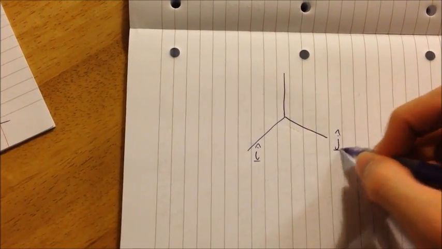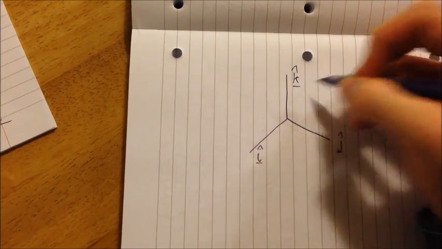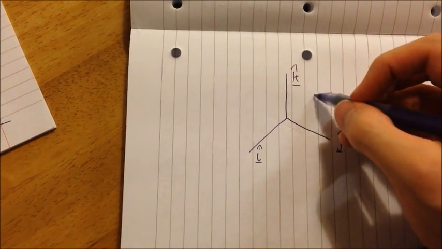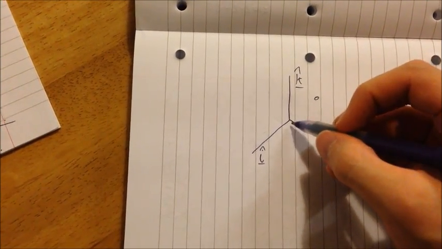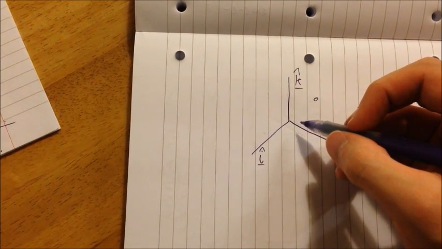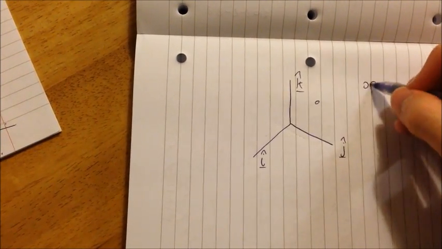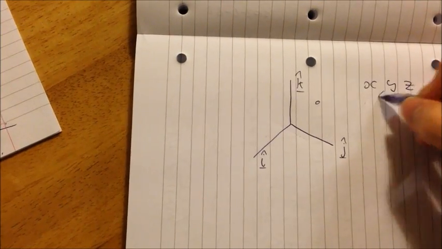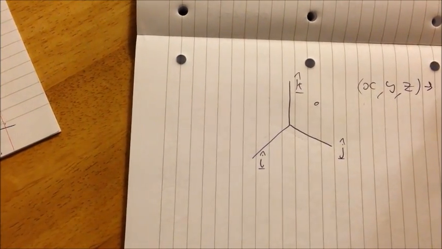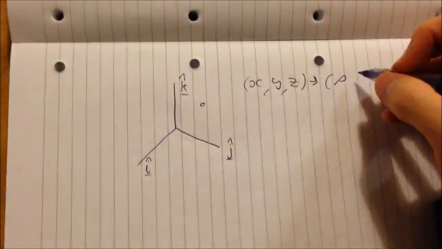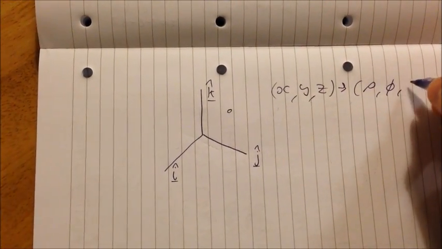I, j, k, and then there's a point defined in space by rho phi z. Let's just write that down to remind me. X, Y, Z goes to rho phi z.